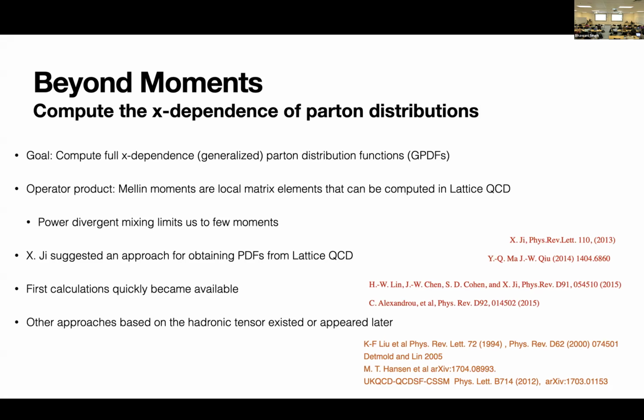So up to the third moment of the unpolarized PDFs, you can actually do the calculation on the lattice. Beyond that, you cannot. And therefore, it seems that Lattice QCD cannot produce the full X dependence of these distribution functions. But we would like to find a way of doing it.